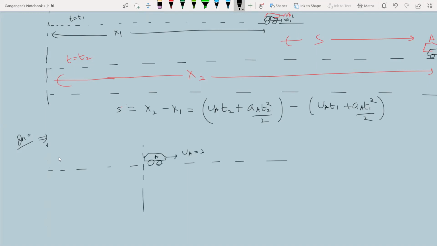Initial velocity of car A is 20 meter per second. Look at the sign of velocity, and this is t equal to 0.